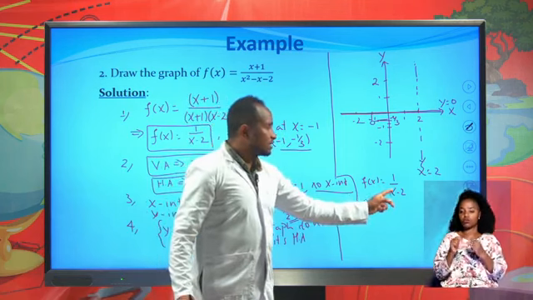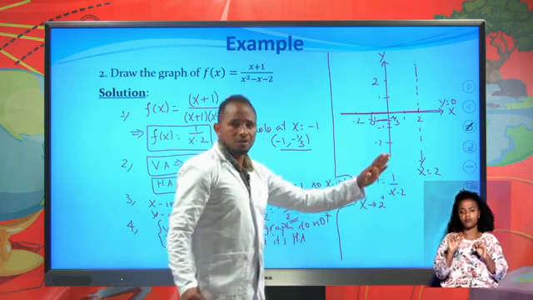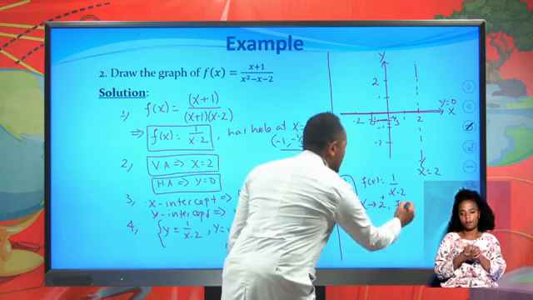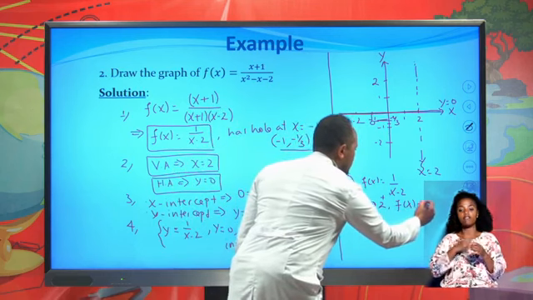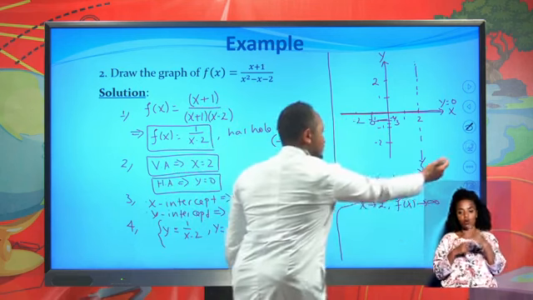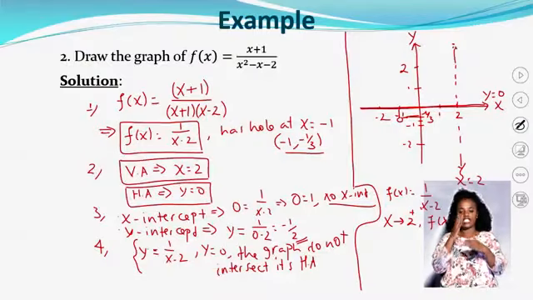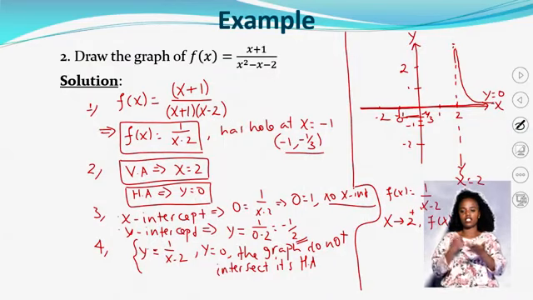So 1 divided by a very small positive number gives you positive infinity. Therefore, our function f of x goes to infinity. So from the right of 2, the curve approaches the horizontal asymptote since it doesn't cross. We have checked here, it doesn't cross, it simply approaches for that part.